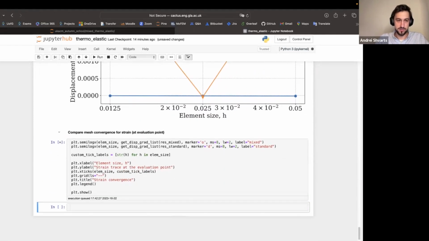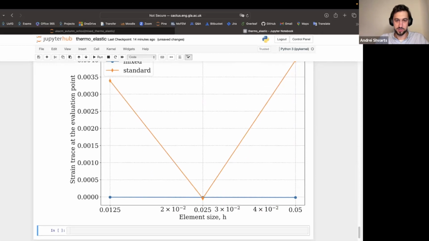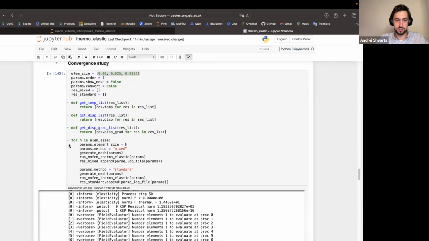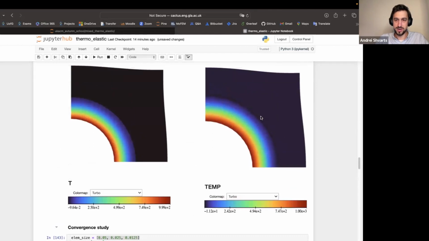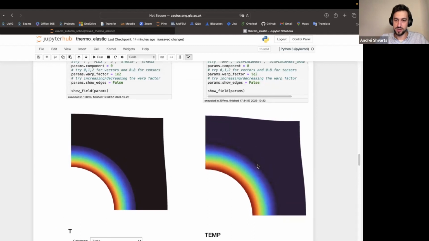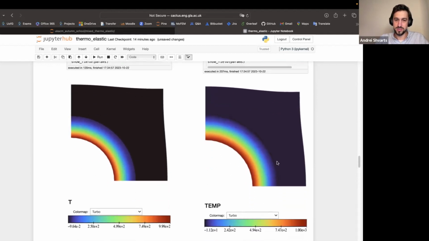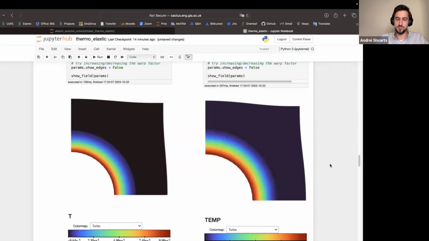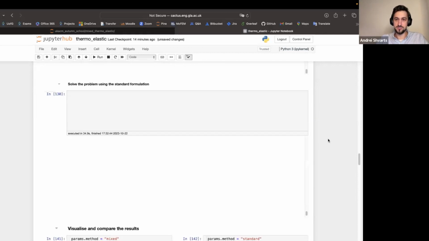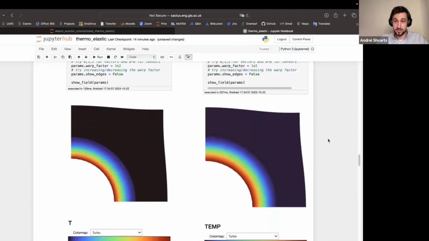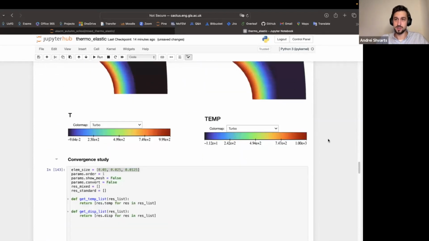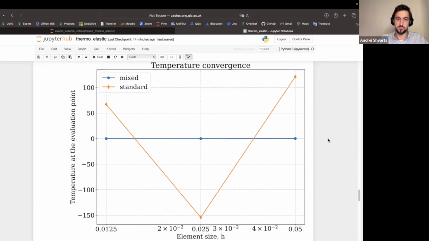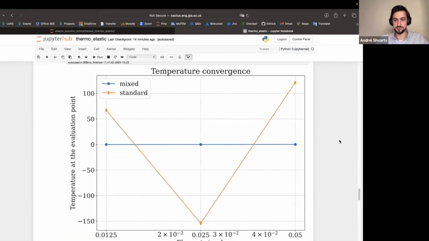So I hope these three plots over here reinforce the idea that it's not only that we have something weird happening at the interface between those two subdomains in the case of the standard formulation, but the zone of the negative values will be there even if we try to refine the mesh. So we would need to go for extremely fine meshes at the interface between those two domains to actually recover the values of the fields in a standard formulation close to the values produced by the mixed.